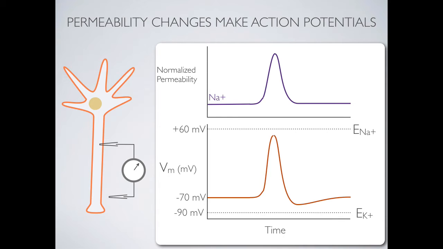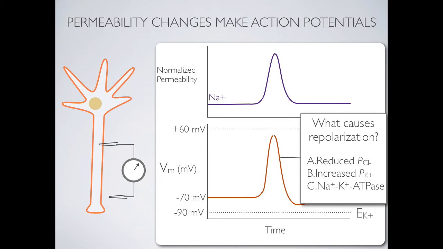Okay, so that brings us to another clicker question, which is, what causes this repolarization? Now, you might at first think that it's going to be driven by the drop in sodium permeability, but notice that is not one of the options. There is something else that is driving the repolarization. So is it A, a reduced permeability to chloride, B, an increased permeability to potassium, or C, the action of sodium-potassium ATPase?